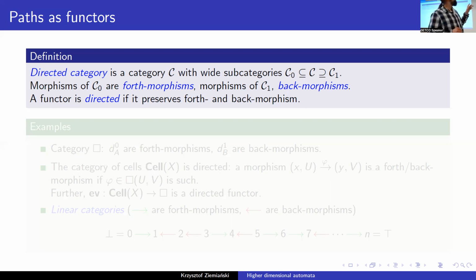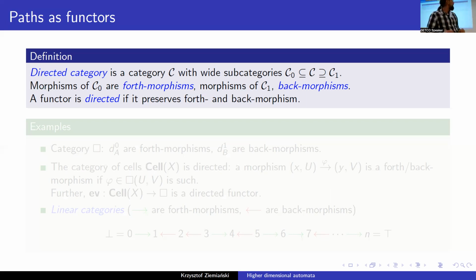Yes, I didn't give this definition to do research on directed categories, and from this point of view this definition is incomplete. Yes, you should give more axioms to make a good notion of directed category. I just want to use this definition to define something later.